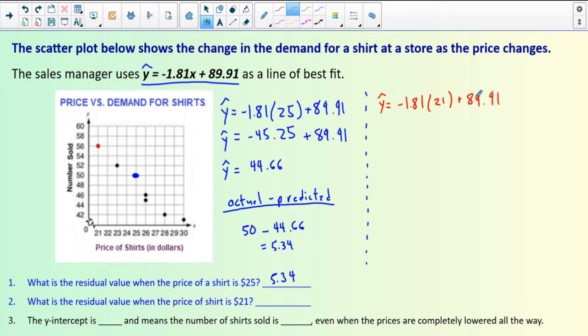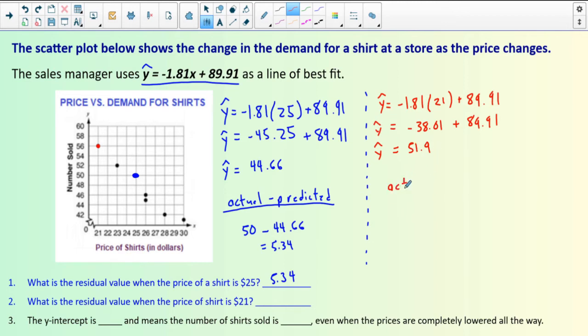Same regression line, except now we are using 21 instead of 25. So let's PEMDAS this. Negative 1.81 times 21 is negative 38.01. And we add in this 89.91. That gives us 51.9. So our y hat value, our predicted value, is 51.9.